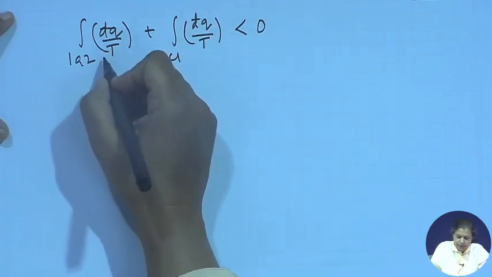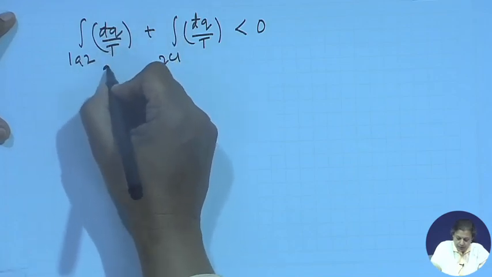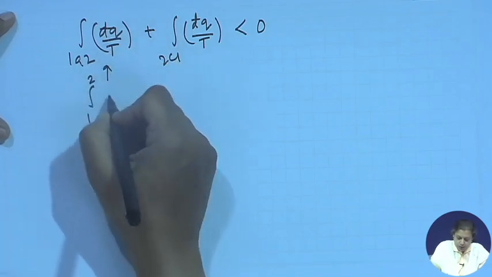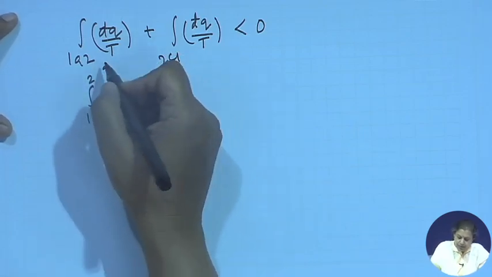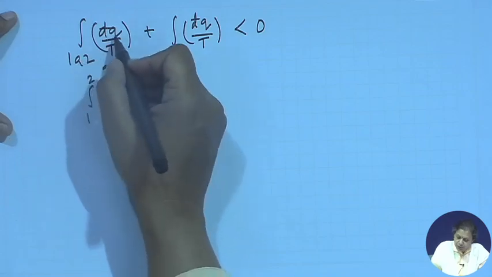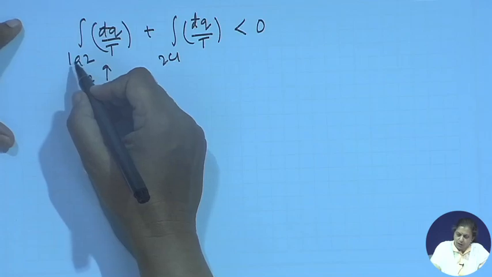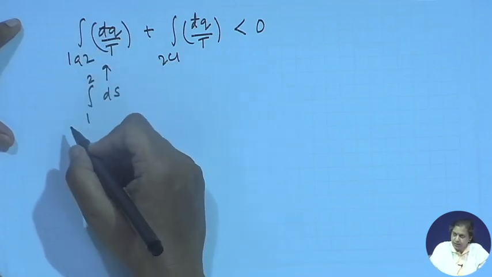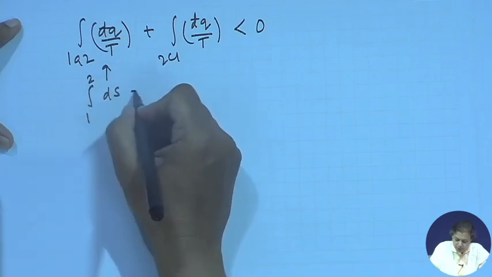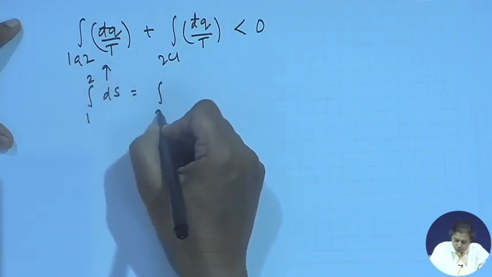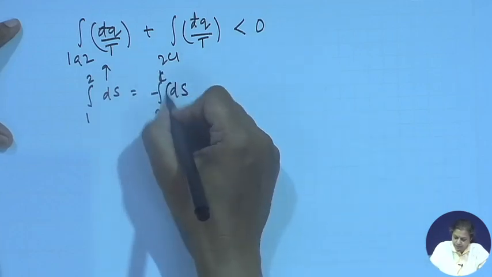And we know that this quantity dq by T along the reversible path is nothing but integral 1 to 2 ds. And we also know that if we reverse the process, the heat interaction just gets reversed. So, this is nothing but integral 2 to 1 minus ds, isn't it?